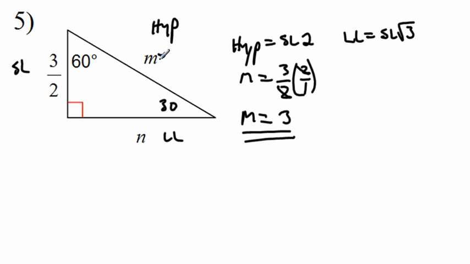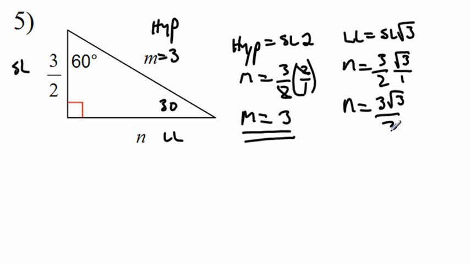So we know that our hypotenuse is 3. Now I want to find what the long leg is, and I know that the long leg, which is n, is going to equal the short leg, 3 halves, times root 3. And remember, just like 2 is over 1, root 3 is over 1. So then n equals 3 root 3 over 2.